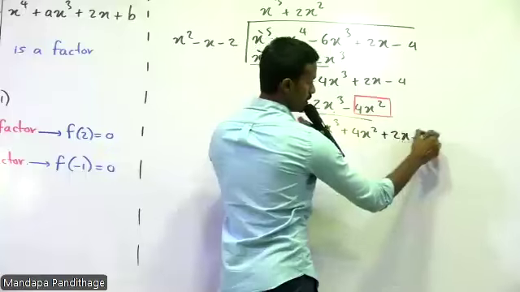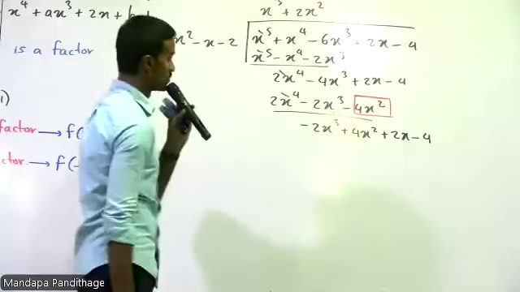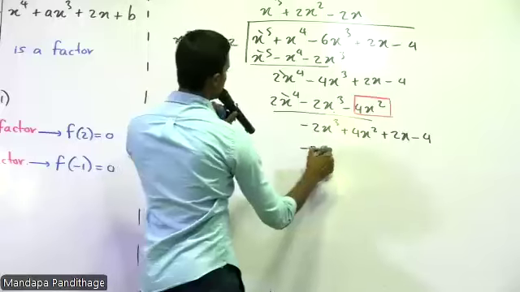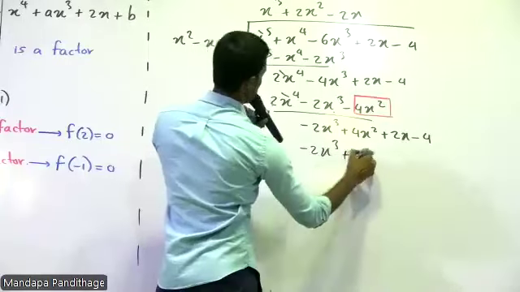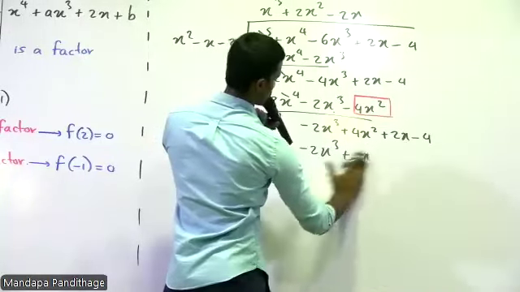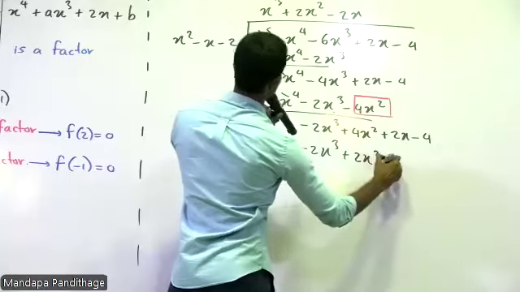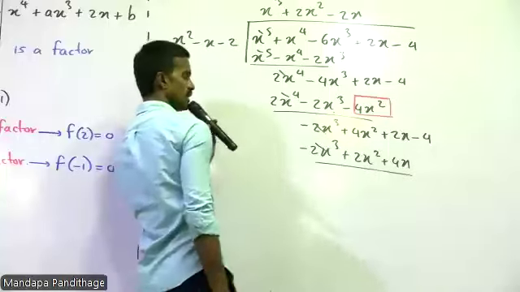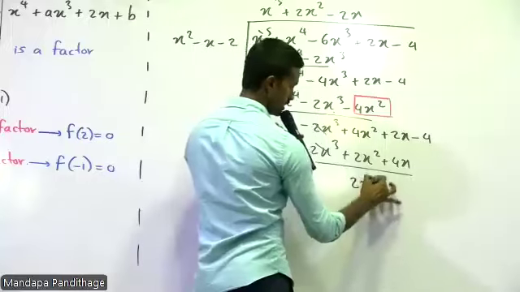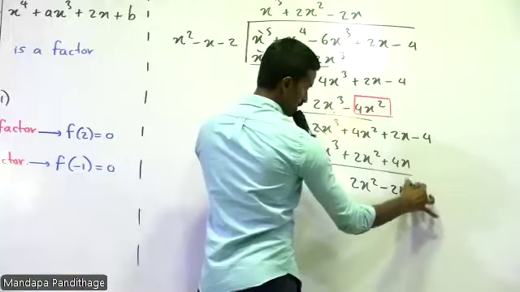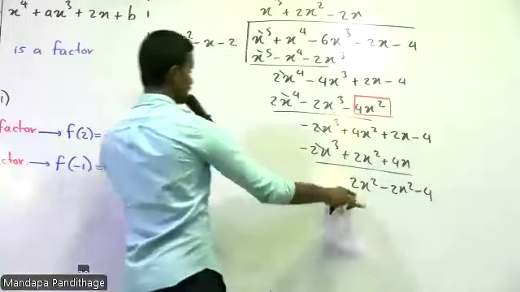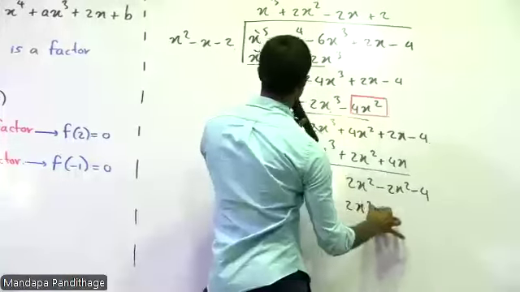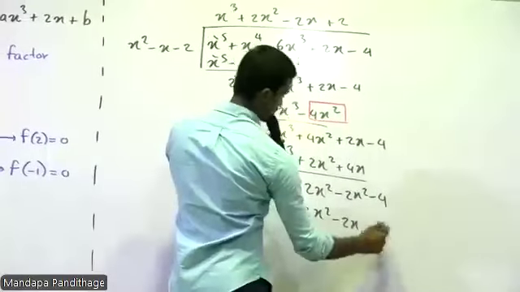These two come down. Minus 2x cubed divided by x squared is minus 2x. So when you multiply, minus 2x cubed plus 2x squared plus 4x. Okay. 4x squared minus this is 2x squared minus 2x squared minus 4. If you divide this by this, it's 2, and when you multiply, 2x squared minus 2x minus 4.